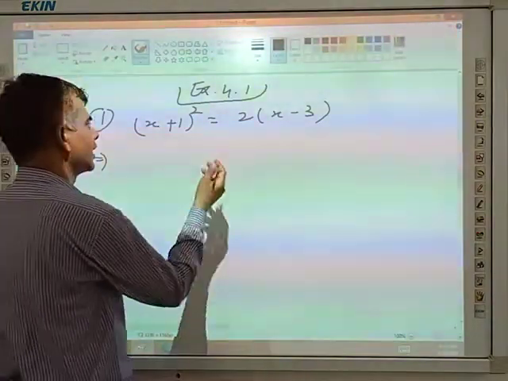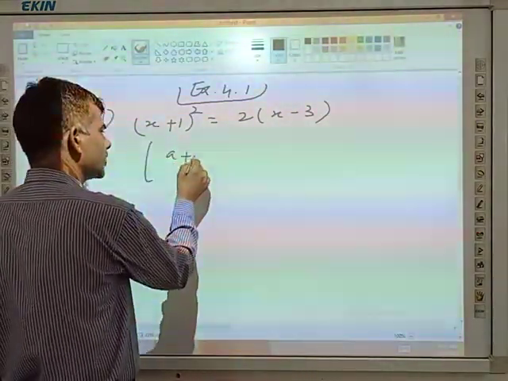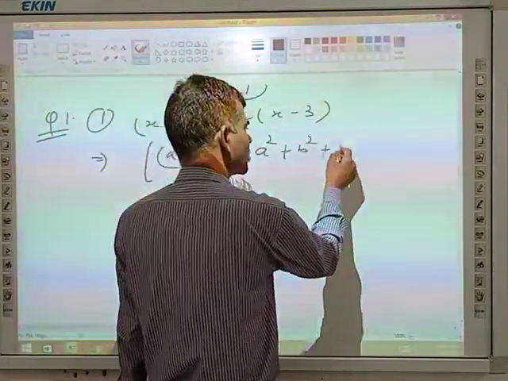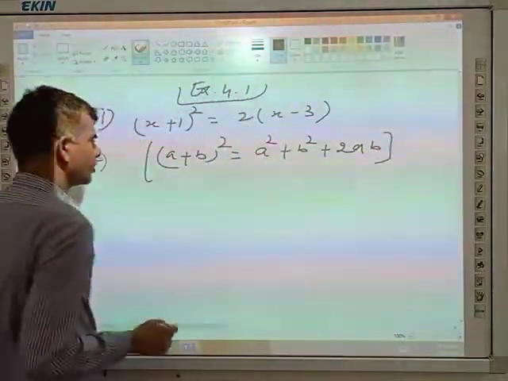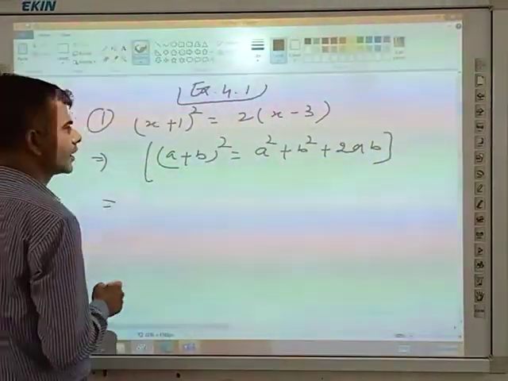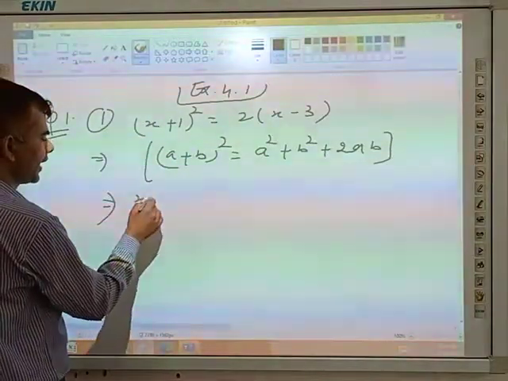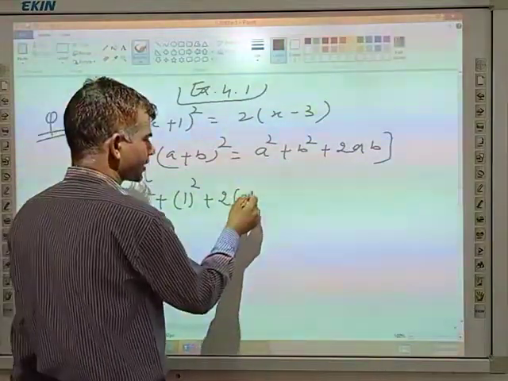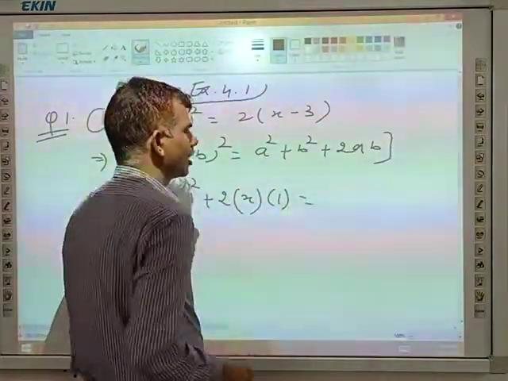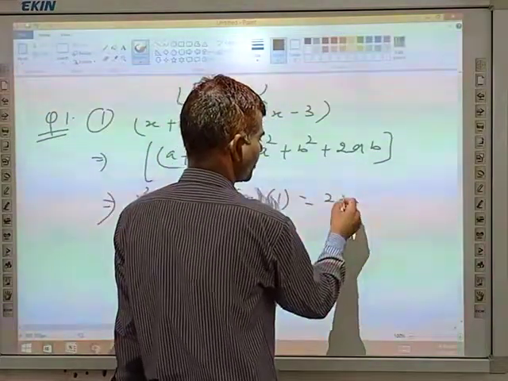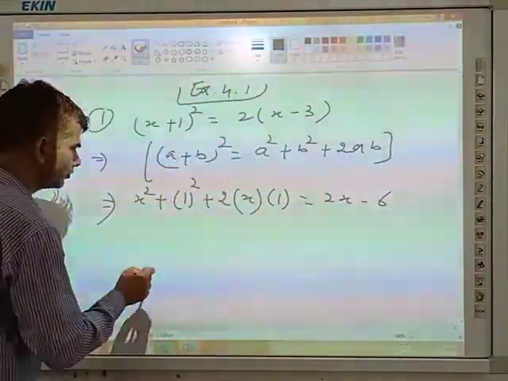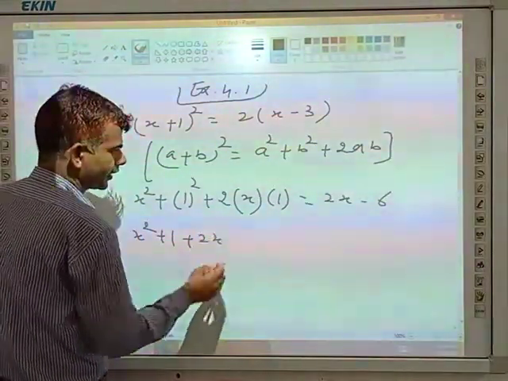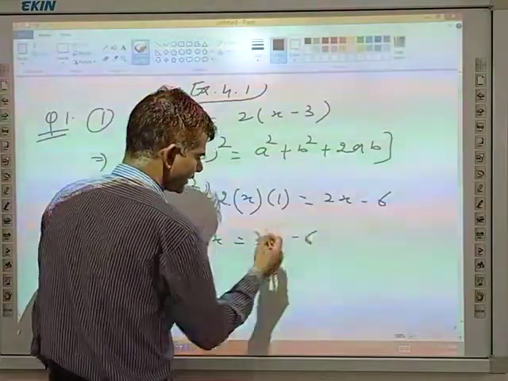Now students, apply the identity a plus b whole square, that is a square plus b square plus twice of ab. Now it becomes x square plus 1 square plus 2 times x times 1, where a is x and b is 1. So x square plus 1 plus 2x is equal to 2x minus 6.